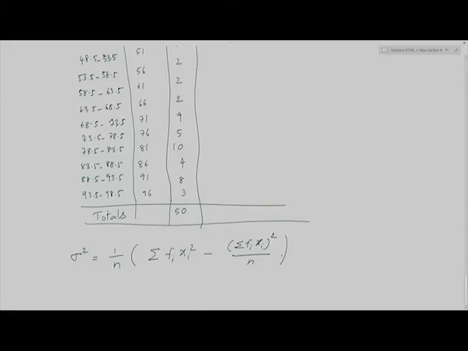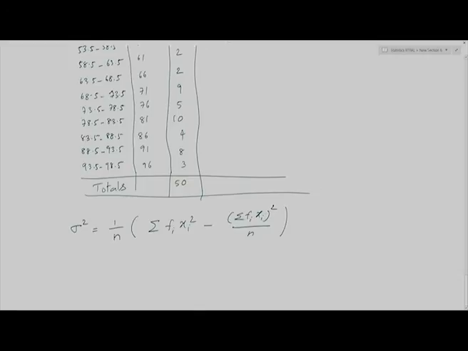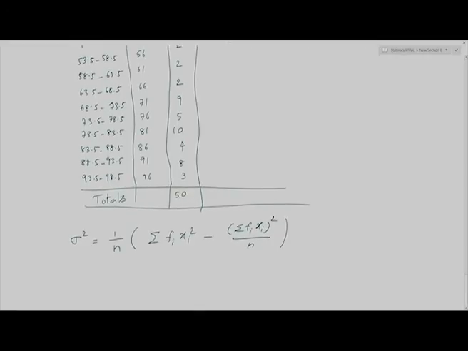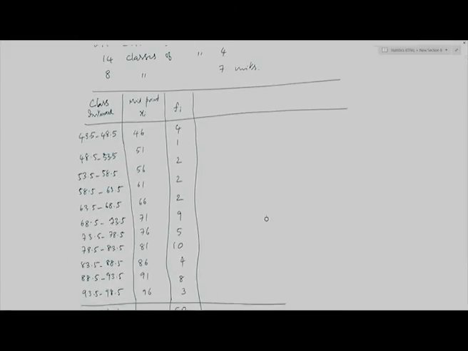So, we need Fi xi and Fi xi square. Let me calculate the xi square, then the xi Fi, and finally the xi square Fi. These are the things we need to substitute in the formula.